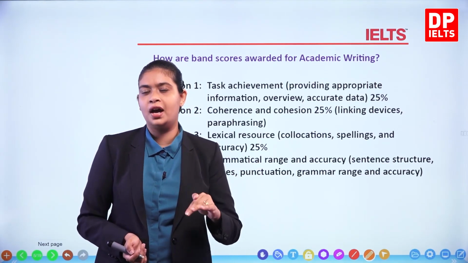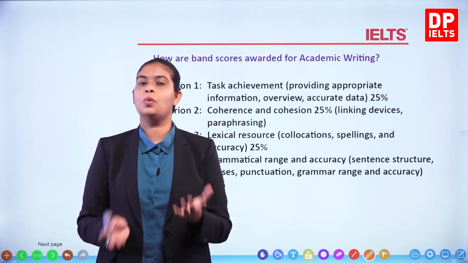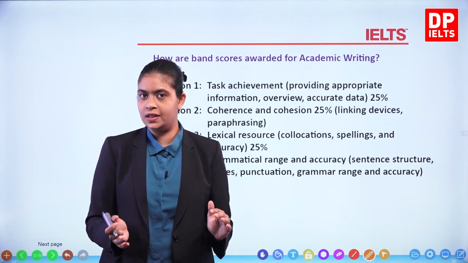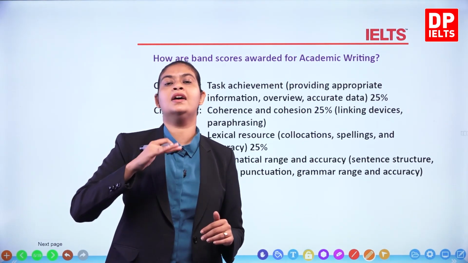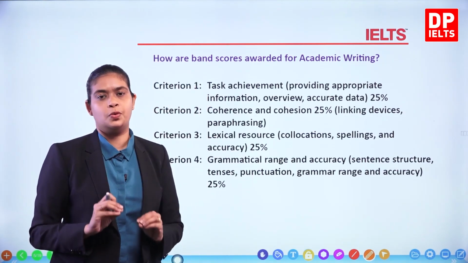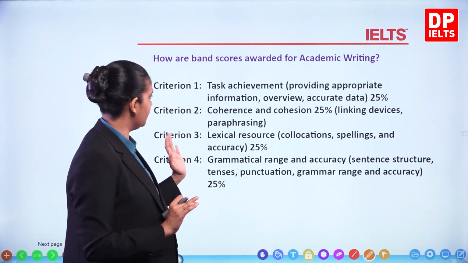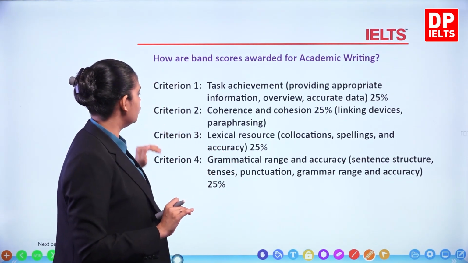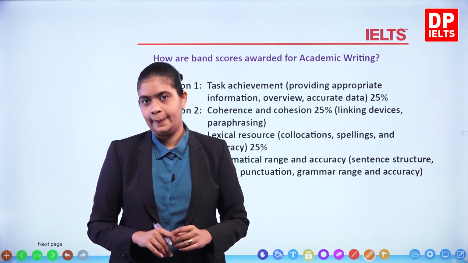That 0.5 is a big jump, okay? It requires you to do lots of things to get that 6.5 to a 7. How do you know what you're supposed to do? I'll teach you that in a bit, but before that, you need to have a look at your marking criteria.